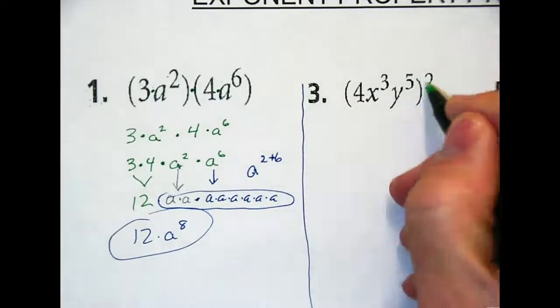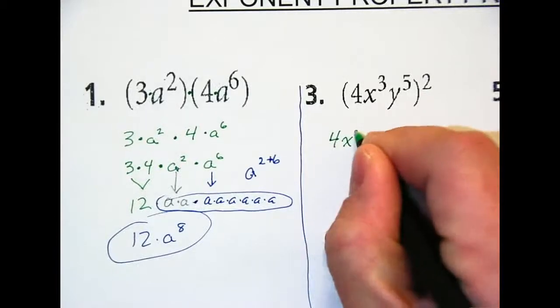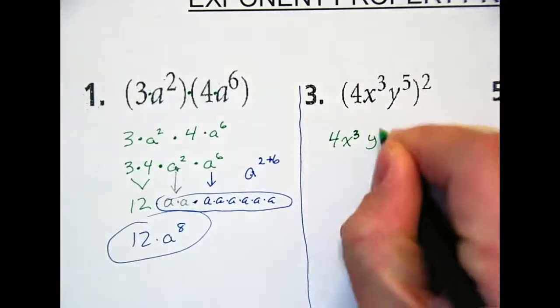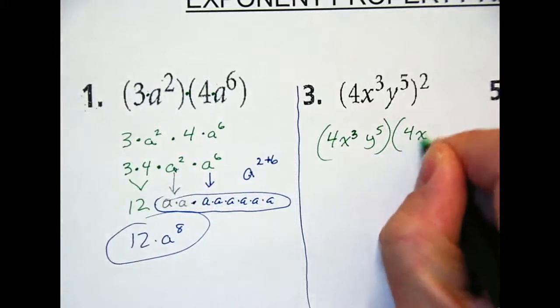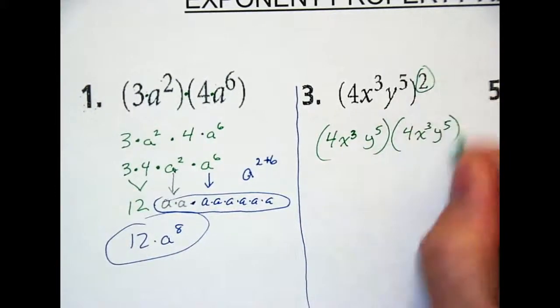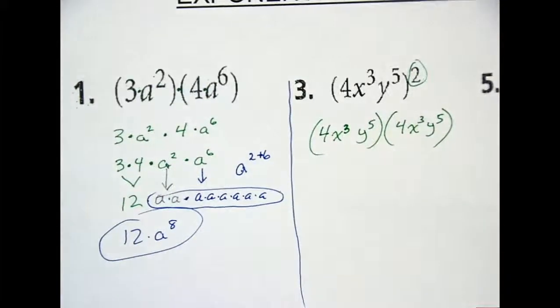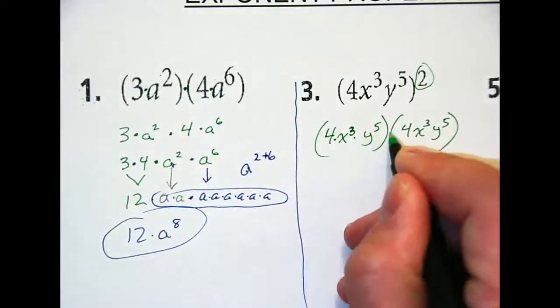Okay, this 2 right here, let's think about what it means. It means you are squaring everything, everything inside the parentheses. So it means you have 2 of those. That's what that 2 means. You have 2 sets. And once again, there's a multiplication in between everything here.